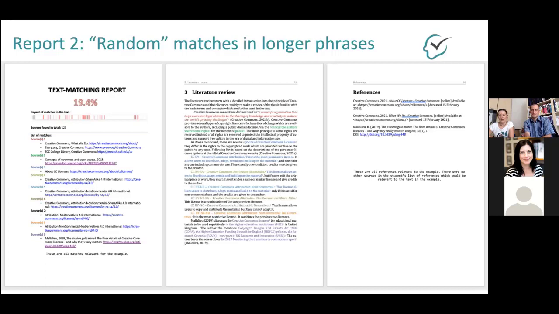And also, this report too was inspired by a real case of a student, and it was very similar to this one. It seemed like quite a high percentage, I think about 20%.